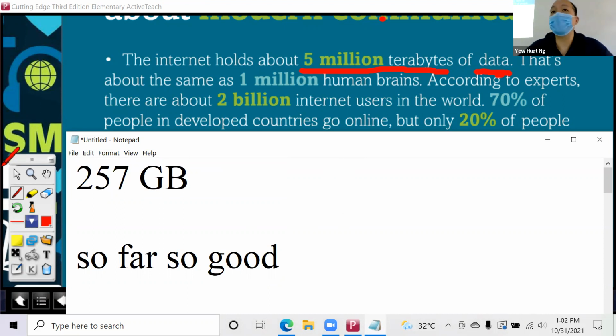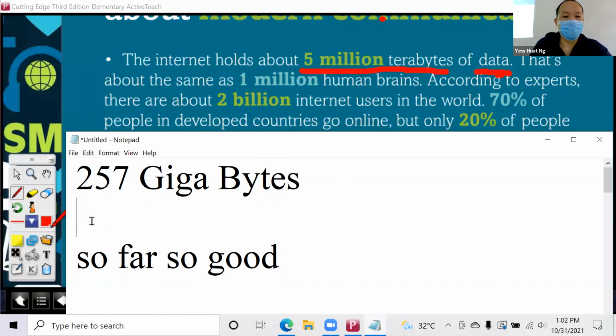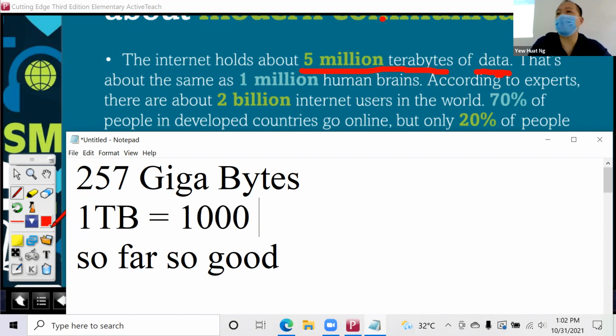What is GB? Gigabytes. Yeah. So 1 TB equals 1000, 1028, I think. Is it? Yeah. 1024. Thank you very much. 1024 GB. Clear?